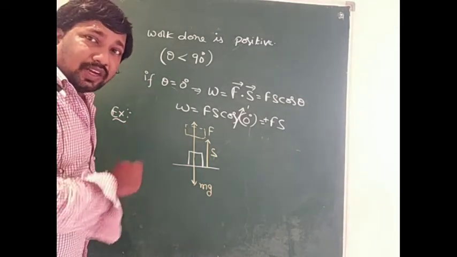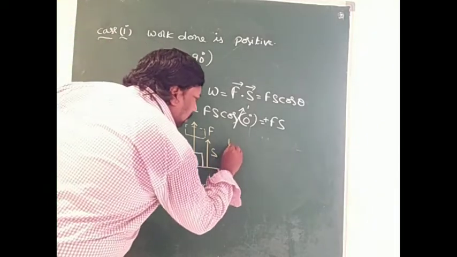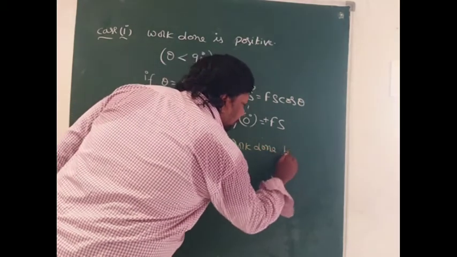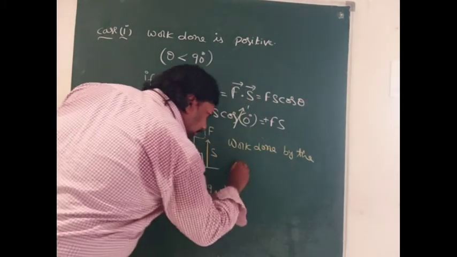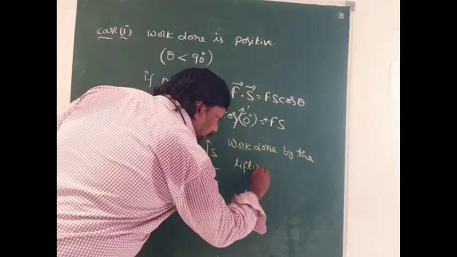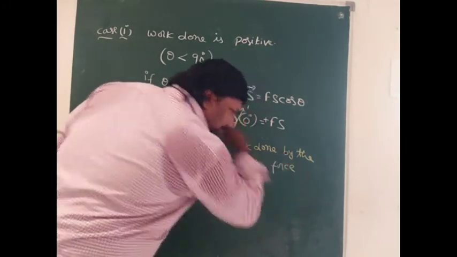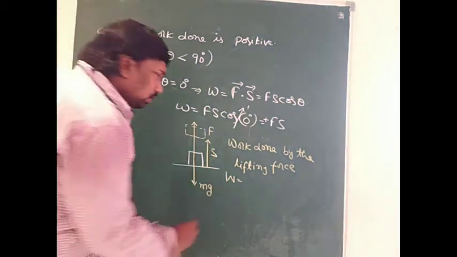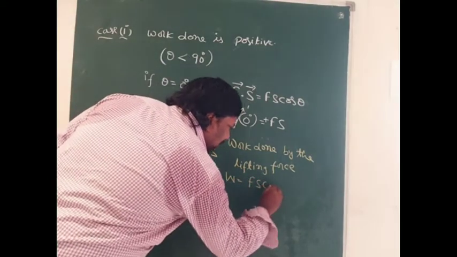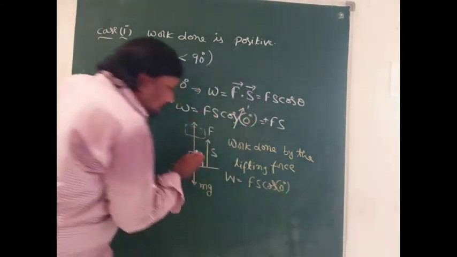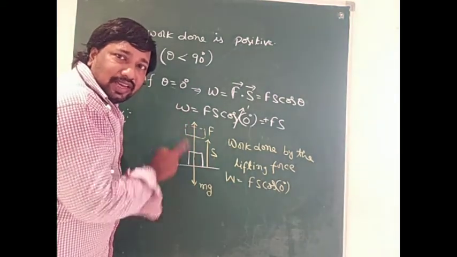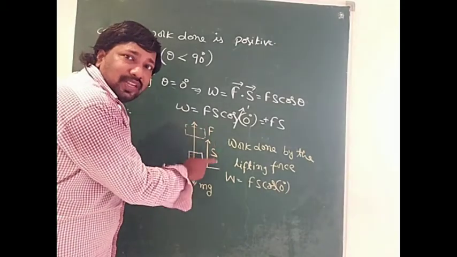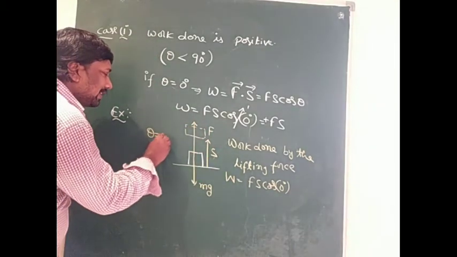The work done by the lifting force is W = Fs cos 0, because the angle between the lifting force and displacement is 0 degrees.